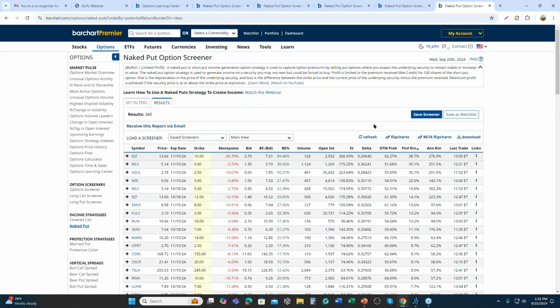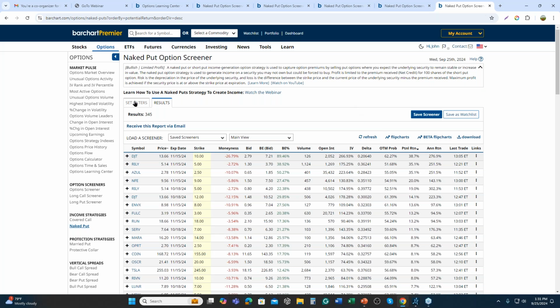But I think we can also use some technical analysis to help us decide, first of all, where I am willing to buy, but also where I believe that price won't go below. And if it does go below, then I'm going to exit that trade.